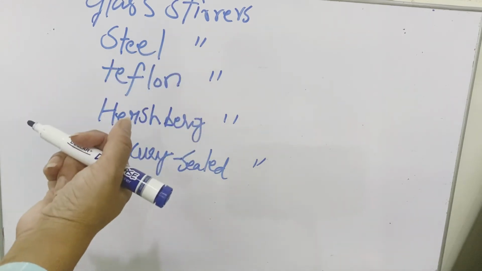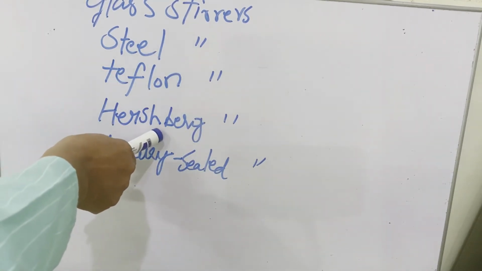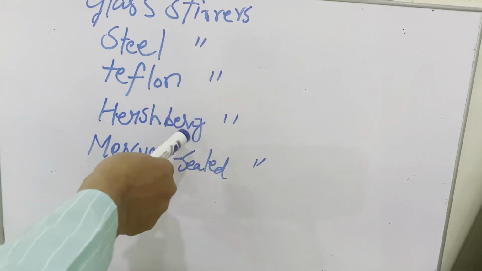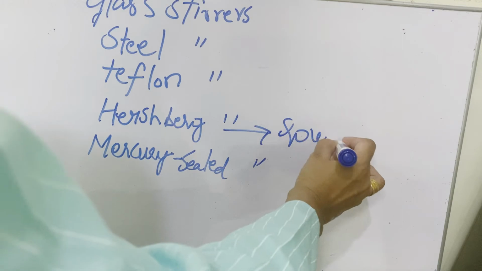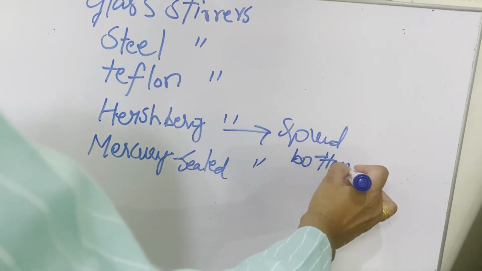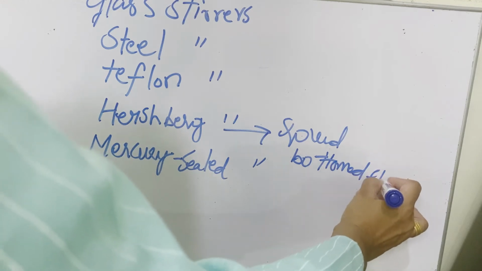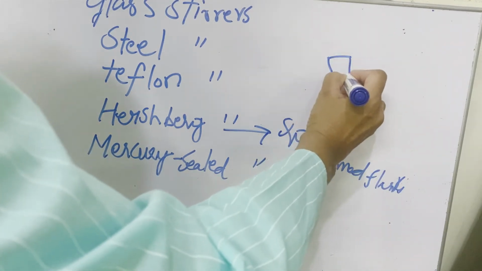Whereas the next is the Hirschberg stirrer, right? They are basically used in what? In round-bottomed flasks. What is a round-bottomed flask? I can show you here.